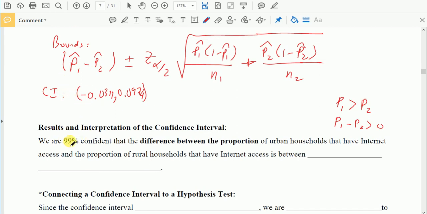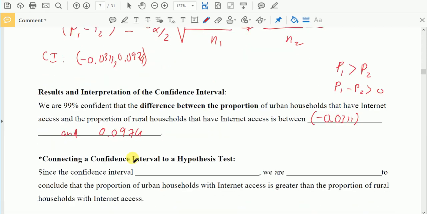We are 99% confident that the difference between the proportion of urban households that have internet access and the proportion of the rural households that have internet access is between minus 0.0311 and 0.0974, the lower and the upper. So we are 99% confident that the value should be between these two.